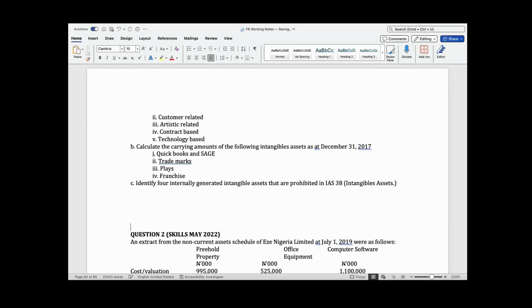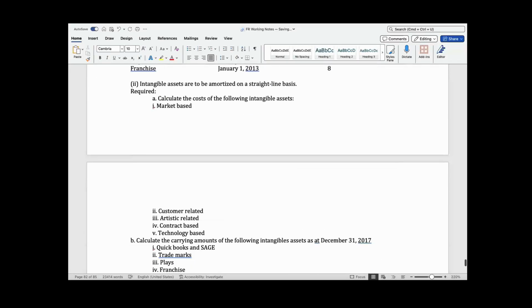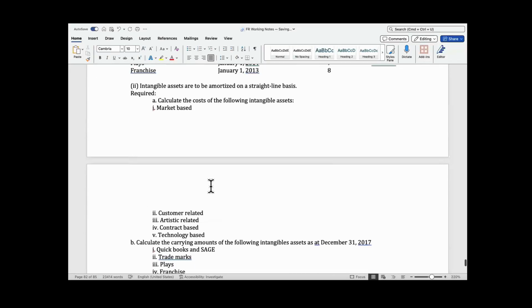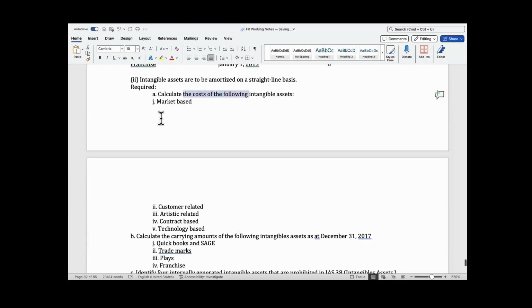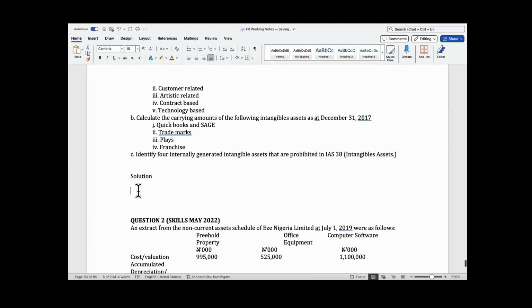Okay, let's solve this together. The first one is to calculate the cost of the following: market-based, customer-related, artistic, contract-based, technology.